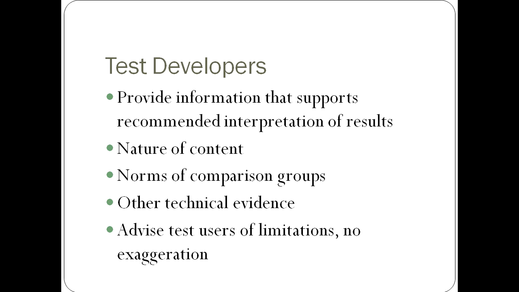They also need to advise test users of limitations, no exaggerations, which means that the test user needs to be clear on what the test is testing, how accurate it is, to what degree. Don't say it's more accurate, don't say it's less accurate, just be very clear on how accurate the test is.